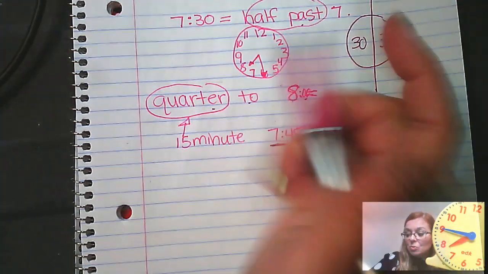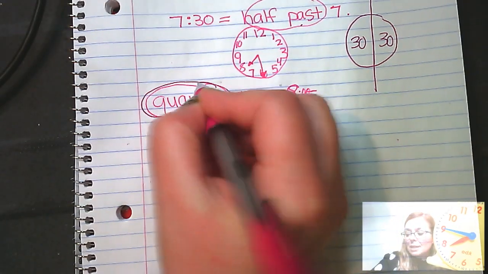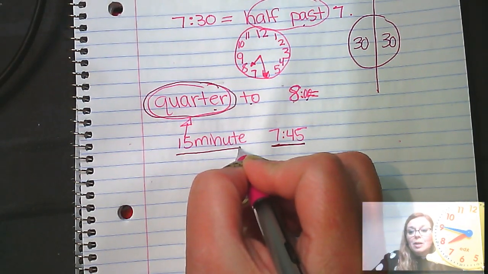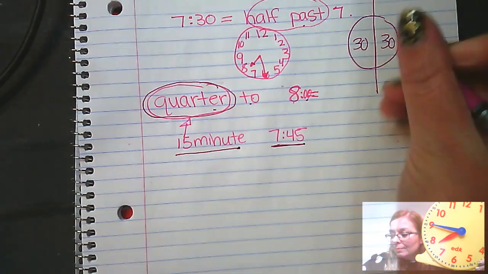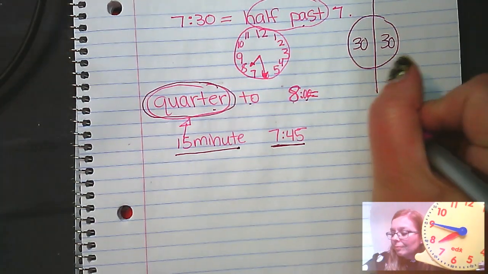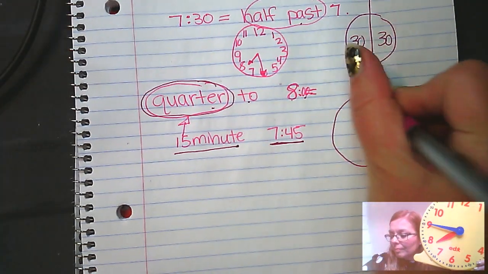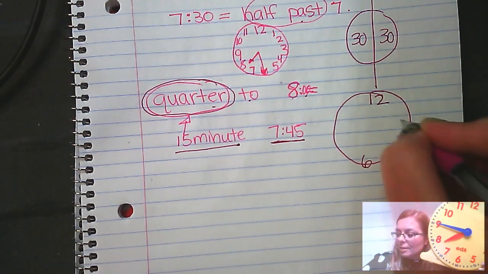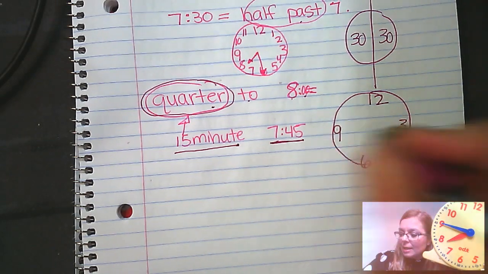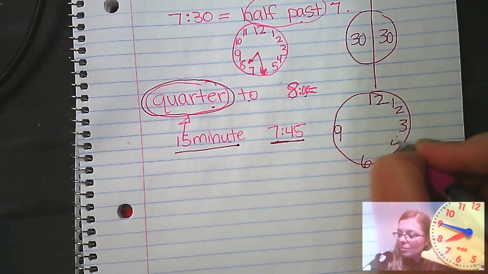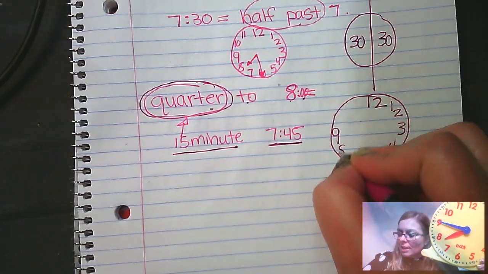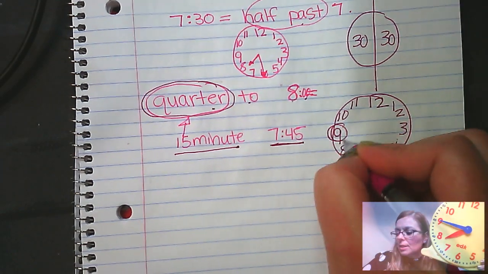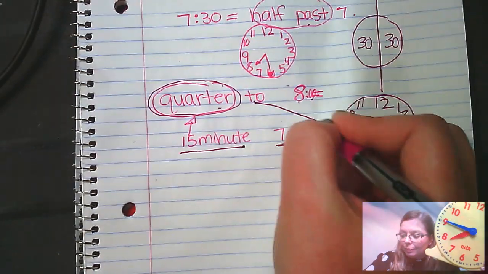As long as you know that quarter means 15 minutes, and when it points to the 9 on your clock, ready? I'll show you how to draw it again. 6, 3, 9, 2, 4, 5, 7, 8, 10, 11. Okay? When it points to the 9, it is 7:45.